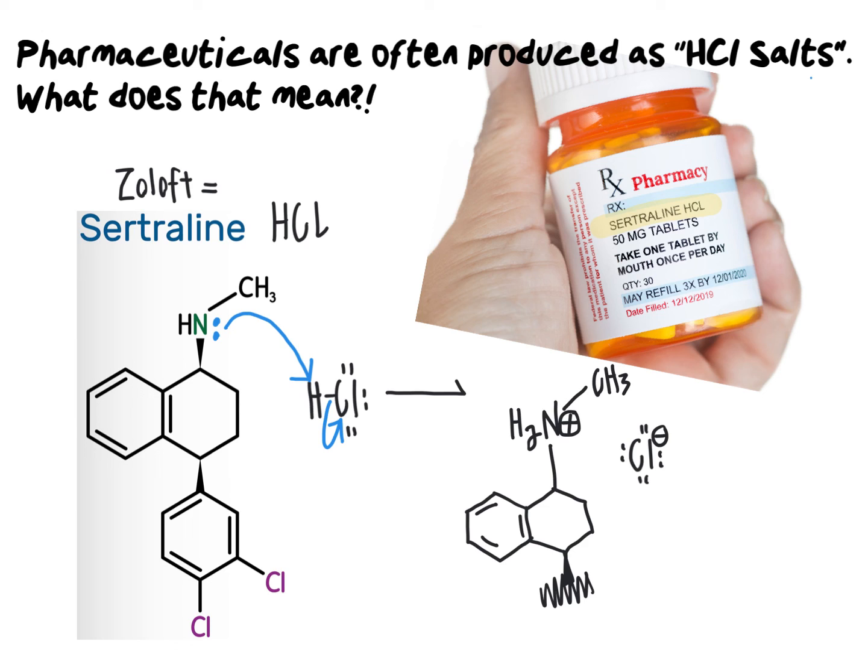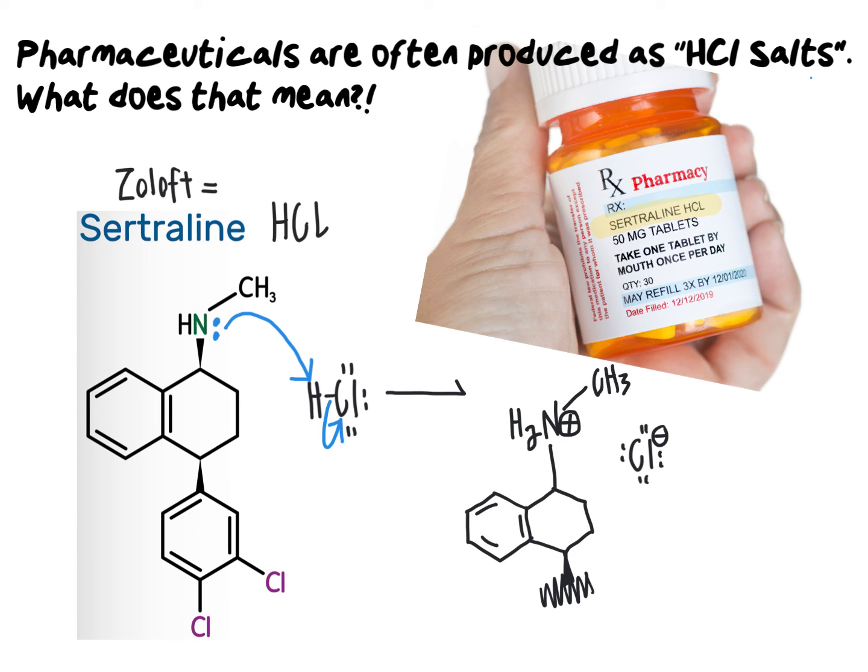Now, why in the world would, in the drug optimization and drug formulation process, why would we react HCl with our amine molecule here? Well, the reason is because charged substances will have greater water solubility than ones that do not have that charge.